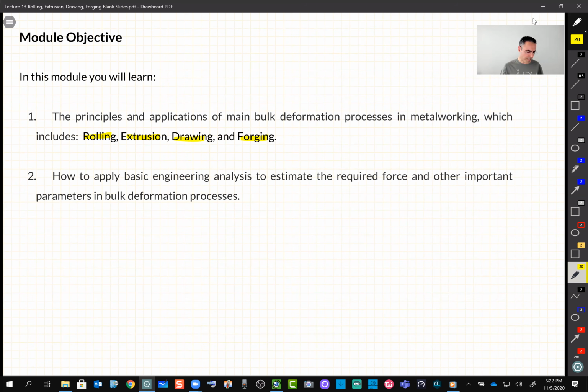And like always, we will apply a little bit of our engineering knowledge, from the courses that we have taken before, to estimate the requirement, which here is the force. How much force do I need to deform the material to get to the desired shape that we want? This is our objective for this module.